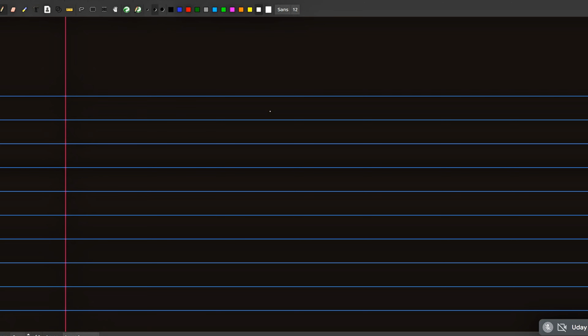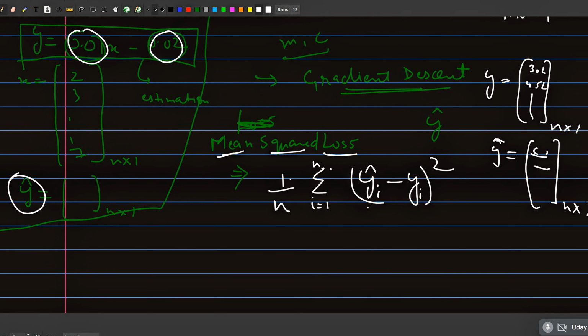So if you see, y hat i was what? y hat i is what you can write as 0.01 x i minus 0.02. Okay, so what I am doing is I am substituting it in this.